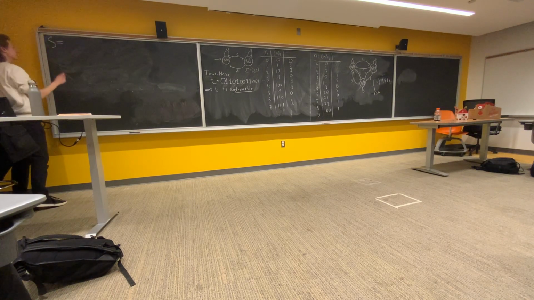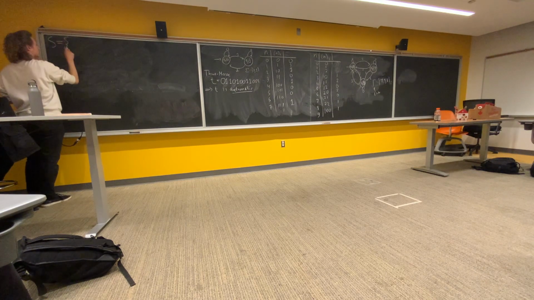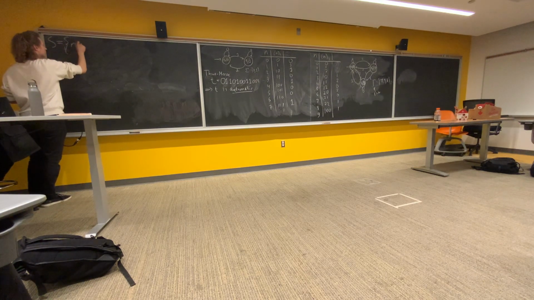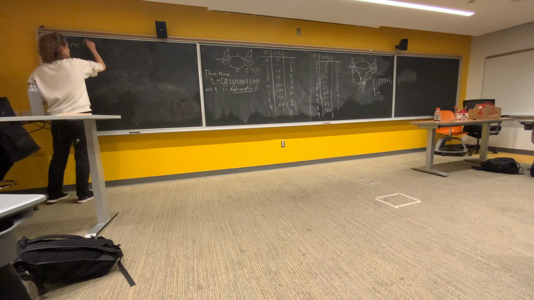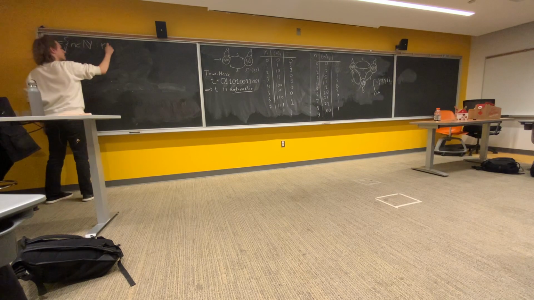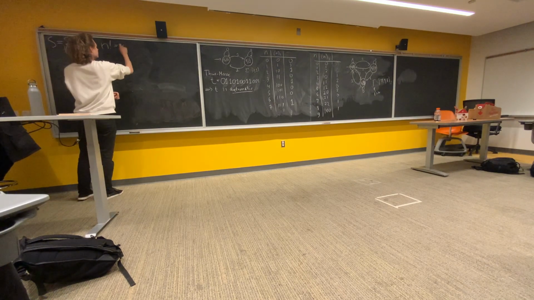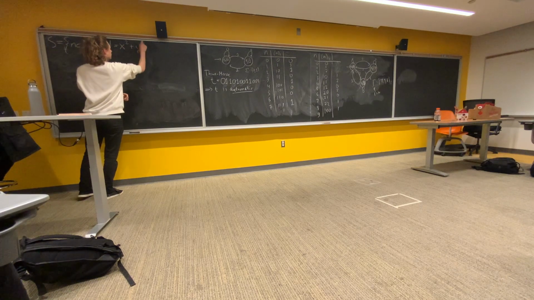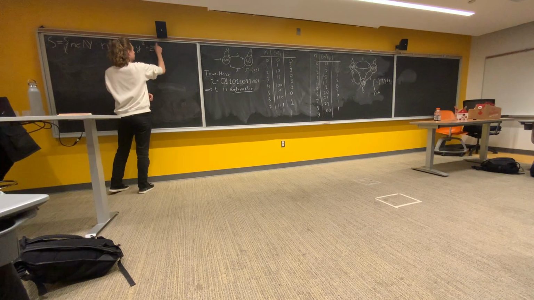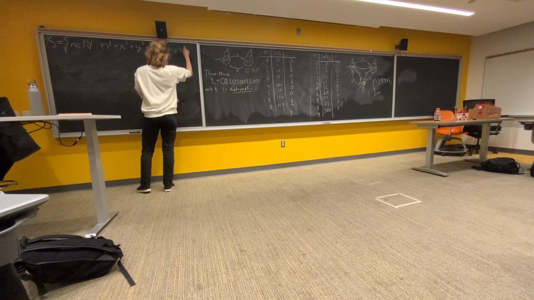Let's say I have a set S of natural numbers n, such that n factorial can be written as a sum of 3 squares, of integers. So x, y, z are integers.